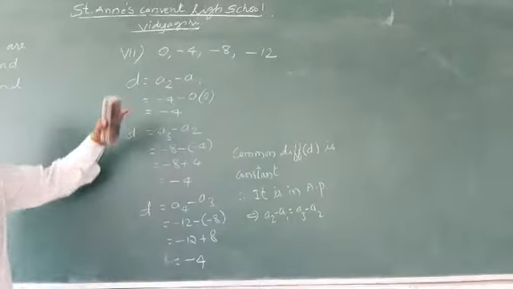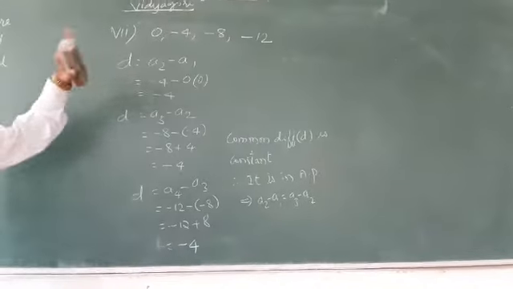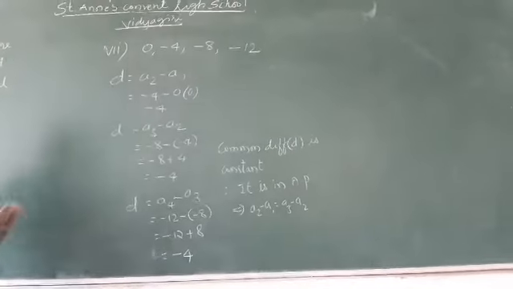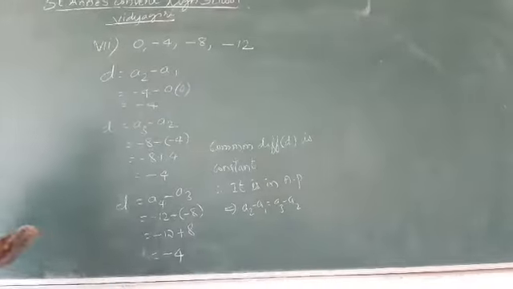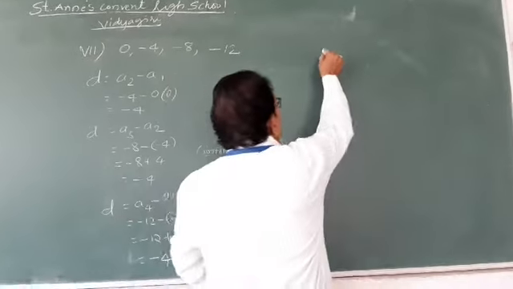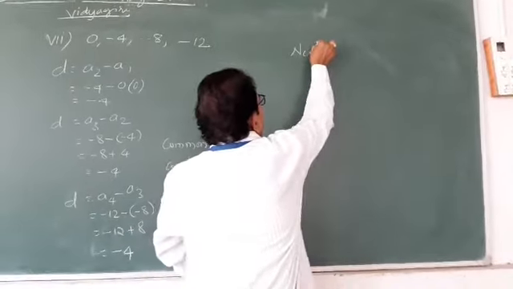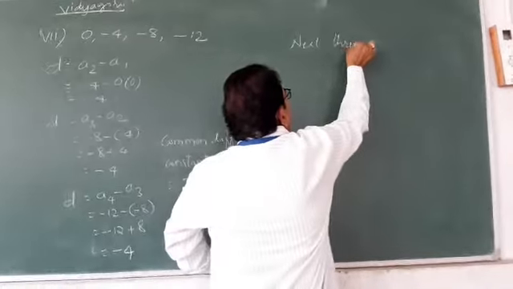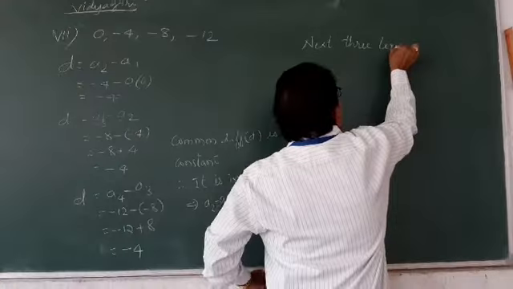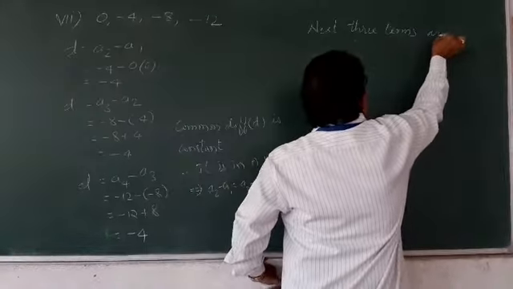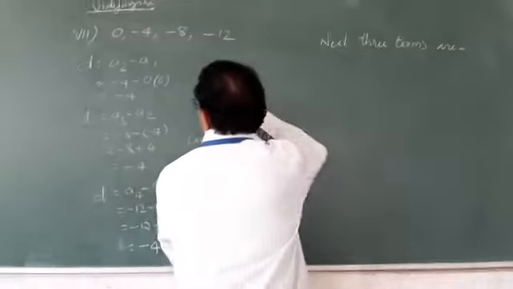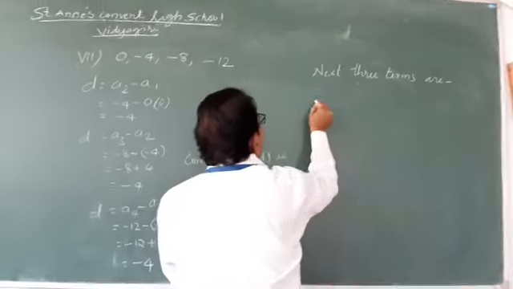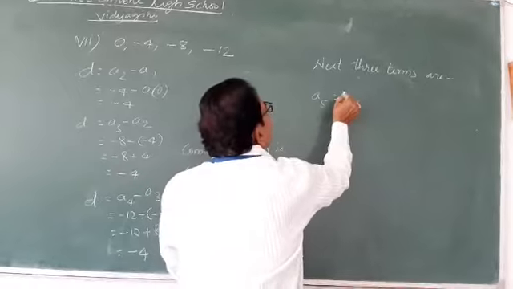Obviously, we can tell that the given values are in AP. So, let us solve for the next 3 terms. Four terms are given, we have to find the 5th term.